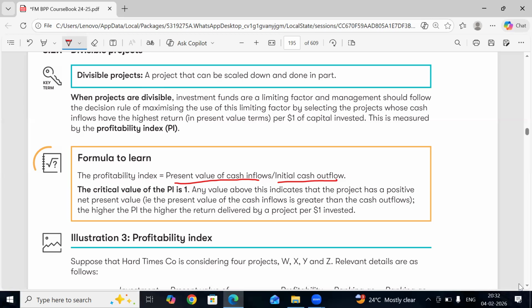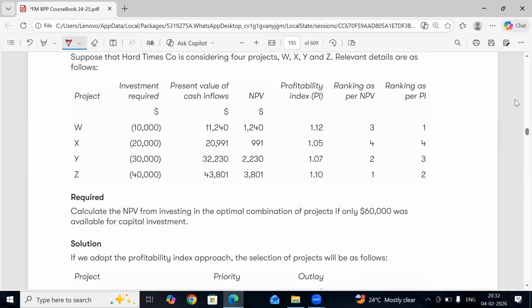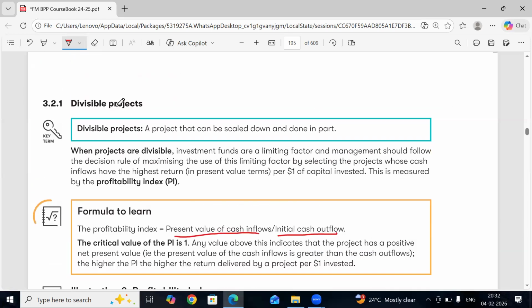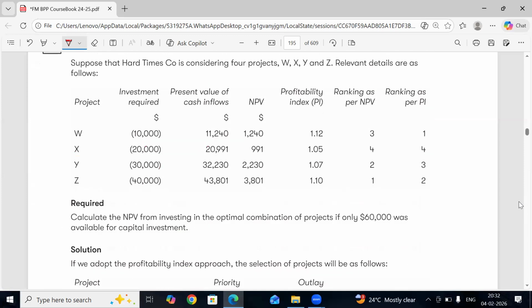So you can very clearly understand it is present value of cash inflows by initial cash outflow.